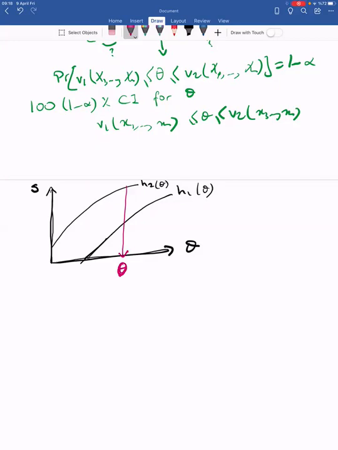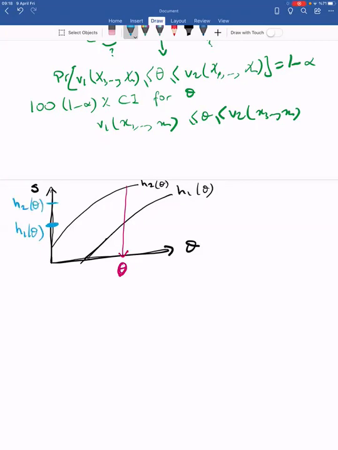Then, using the values in these h1 and h2 functions, let's say our h1 value is somewhere here and h2 is somewhere here.